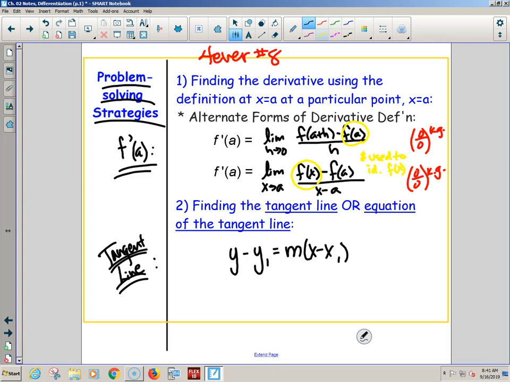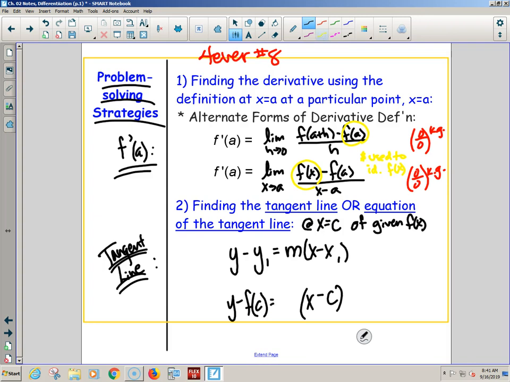Hey guys, isn't this a line? Yes. I almost used that. But wait, what's the tangent line? If I was trying to find it at x equals c, what would change? Well, c would be my special x, my x1. f of c, if they don't give me what y1 is, and they've given me a function, I can always plug in c and find my y1.